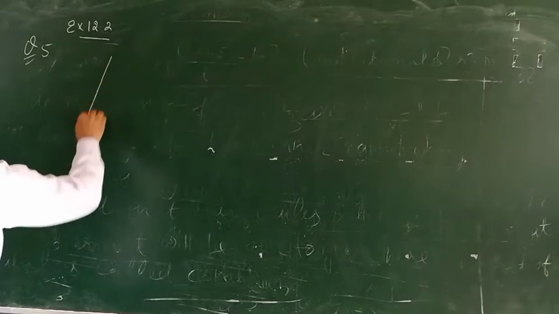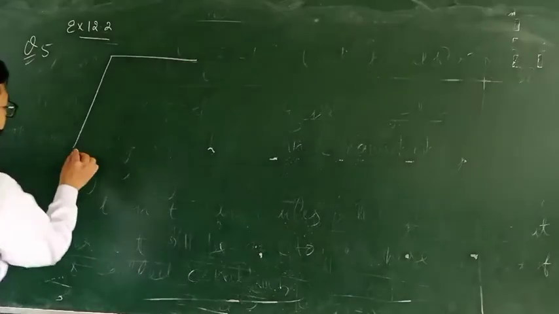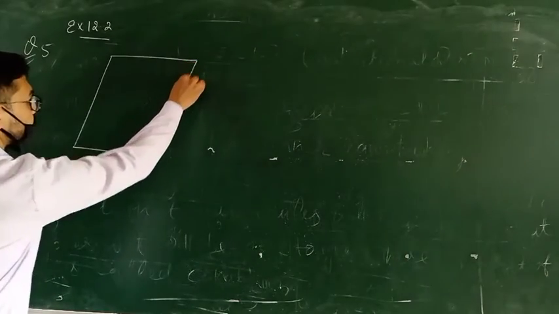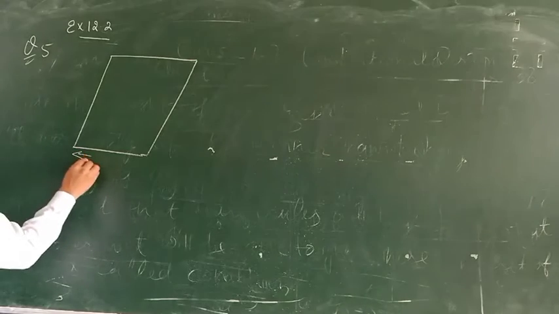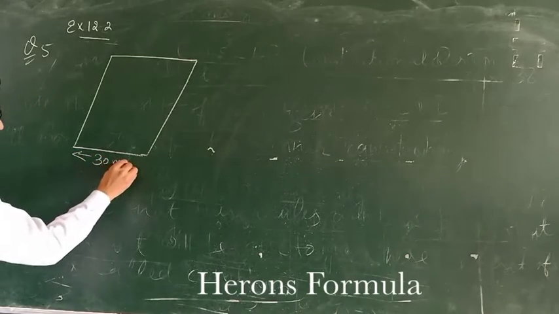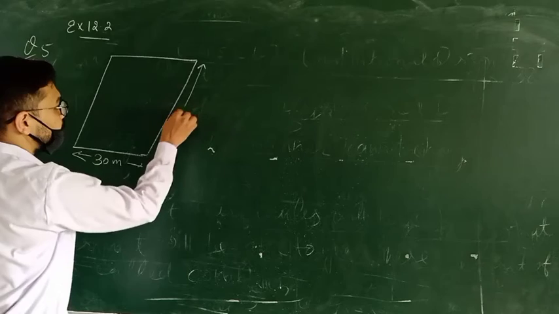So a rhombus is given to you. As you all know, all the sides of a rhombus are equal, which is equal to 30 meters. This is given in the question.